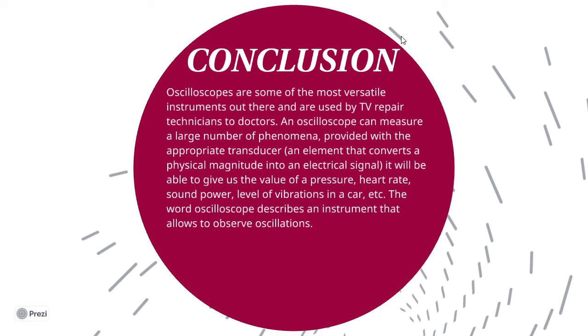It will be able to give us the value of a pressure, heart rate, sound power, or level of vibration in a car. The word oscilloscope describes an instrument that allows us to observe oscillations.